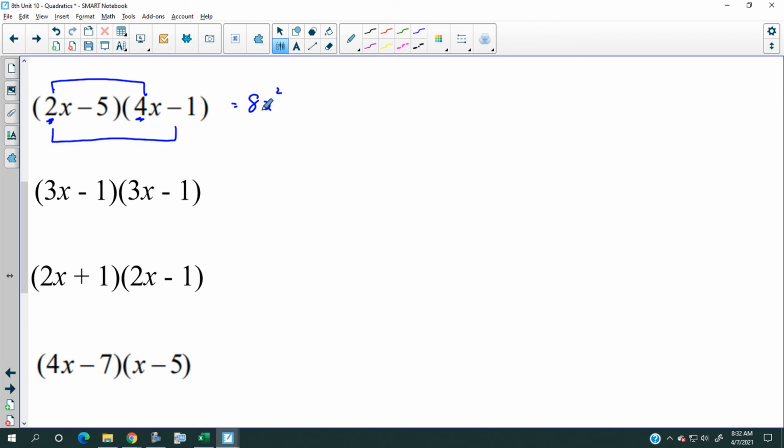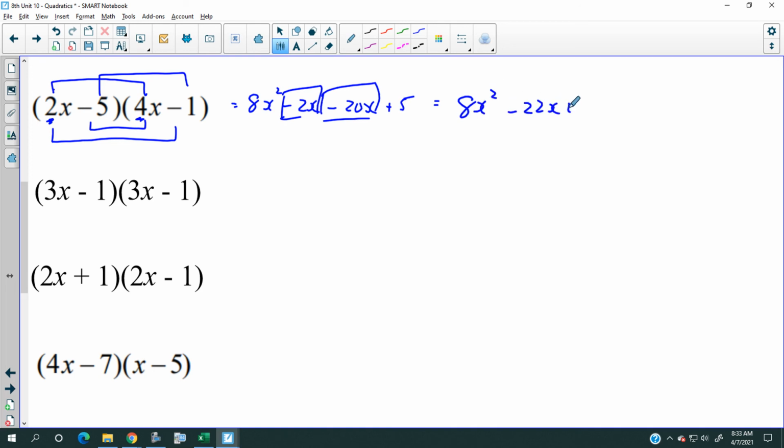Outside, 2x times negative 1, negative 2x. Inside, negative 5 times 4x, negative 20x, and then last, negative 5 times negative 1 is positive 5. Combine like terms, same family. So that's 8x squared minus 22x plus 5. There you go, standard form.